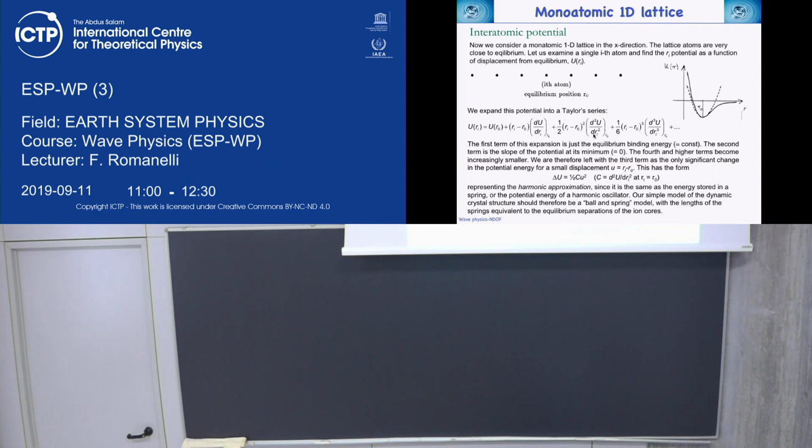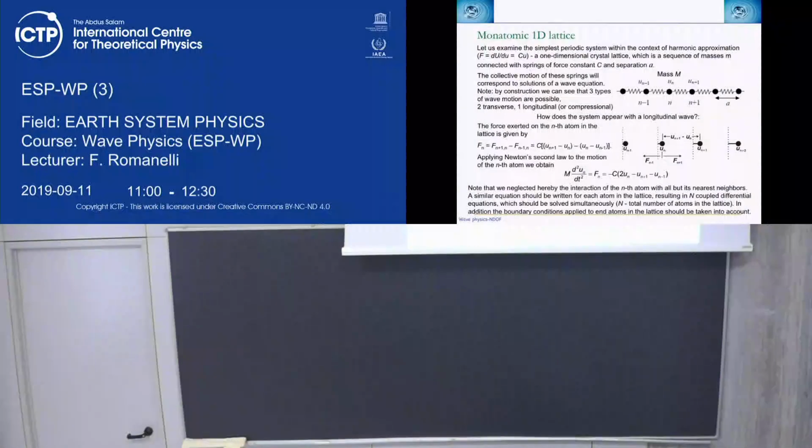So we can take this, and you can call that a parabolic potential. Now, if you have a parabolic potential and you compute the force, you will get Hooke's law. Okay, it's called harmonic approximation, and what you have now is what we studied, that's Hooke's law.